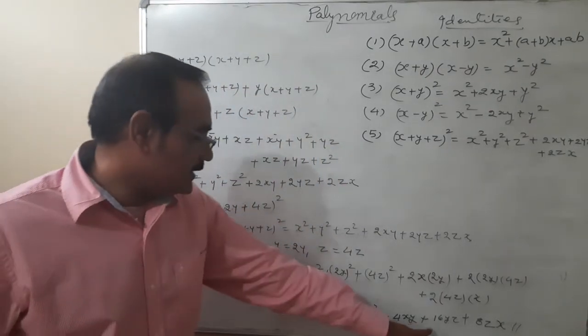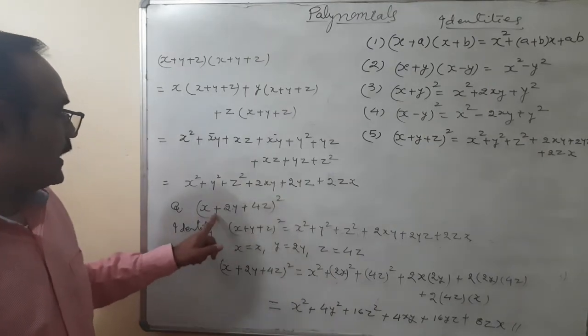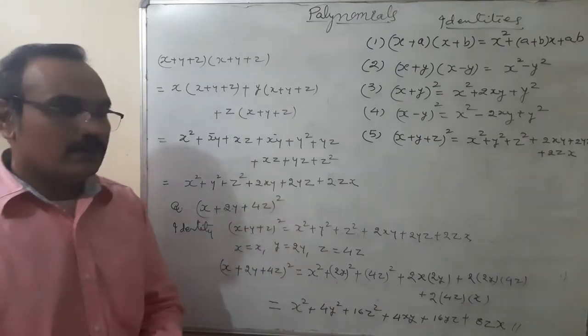This is the expansion of this factorized term (x plus 2y plus 4z) whole square.